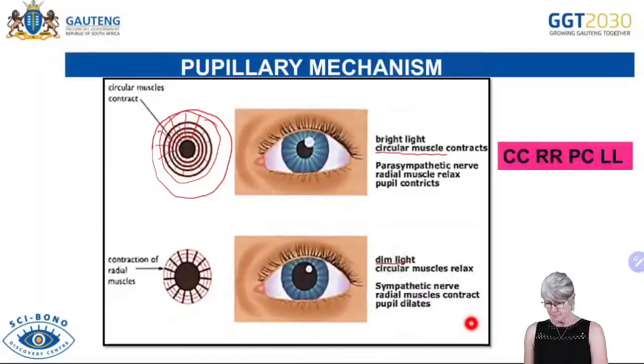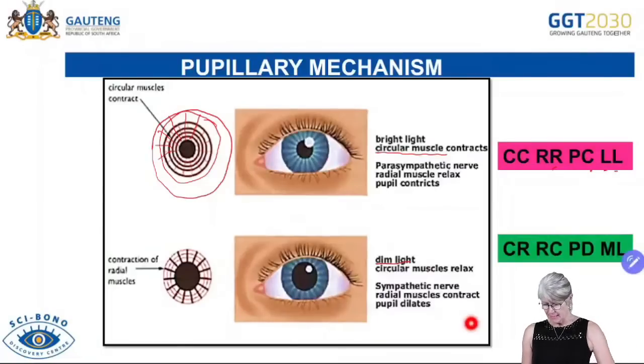Again, we've got a mnemonic. In bright light, we have circular muscle that contracts, radial muscle that relaxes, the pupil constricts, and less light enters the eye. When we are in dim light, the circular muscle relaxes, the radial muscle contracts, the pupil dilates, and we have more light entering the eye.